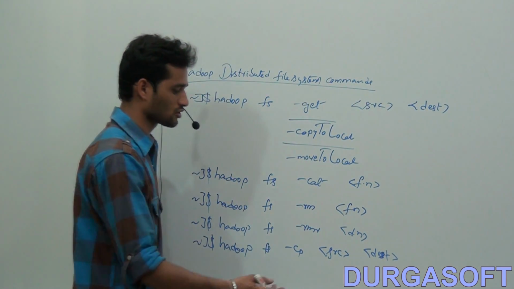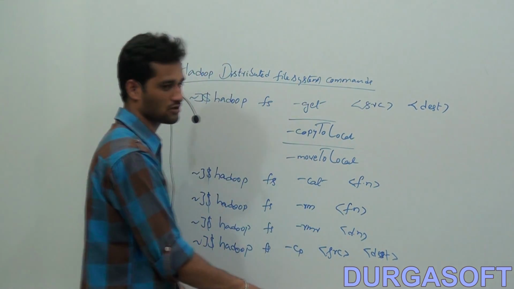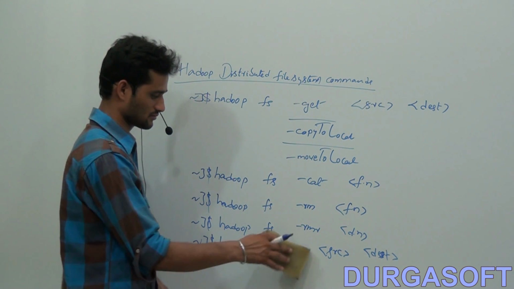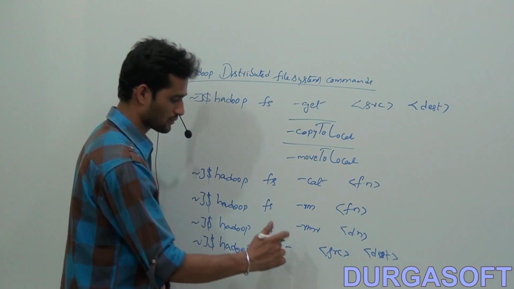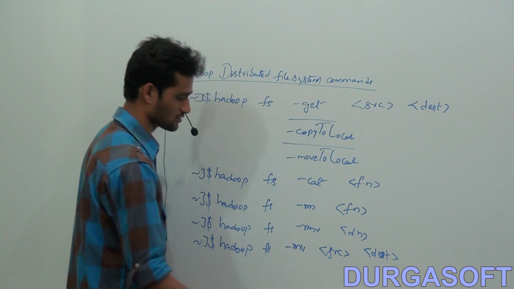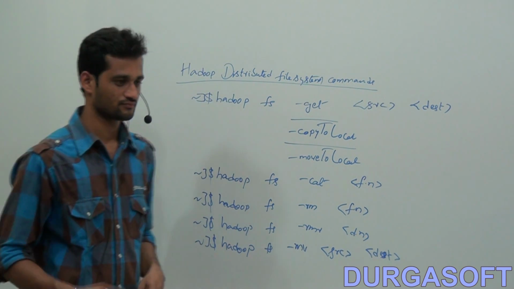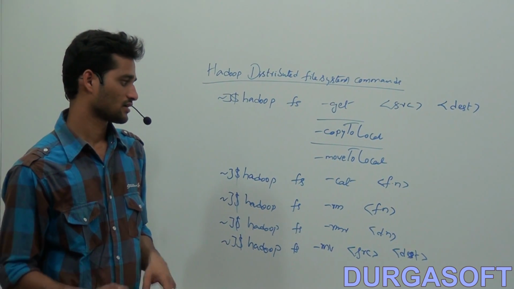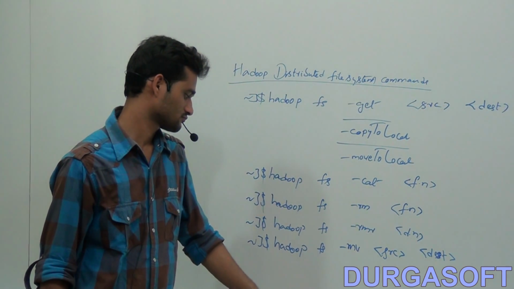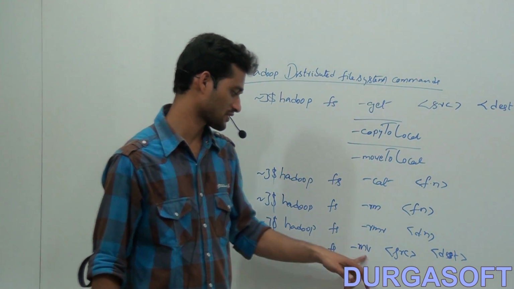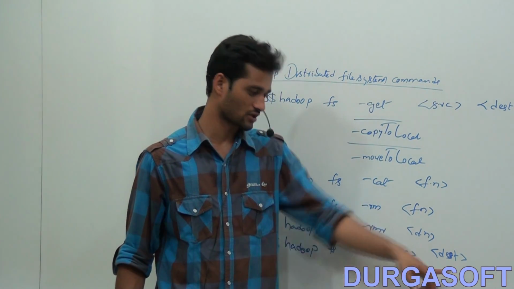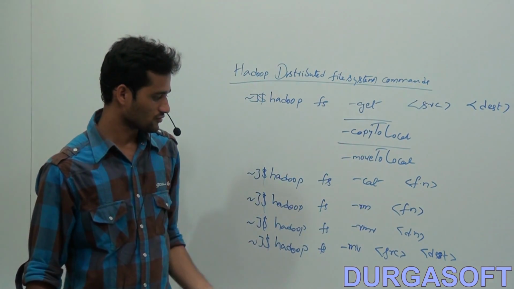Next, how to move files from one location to another location? For moving your files you have to say hadoop fs -mv source and destination. So what is the source here?